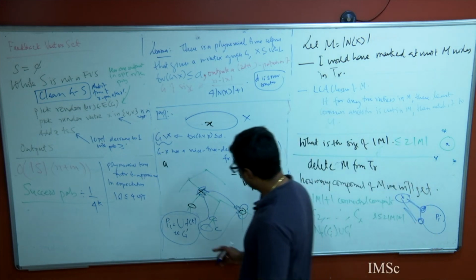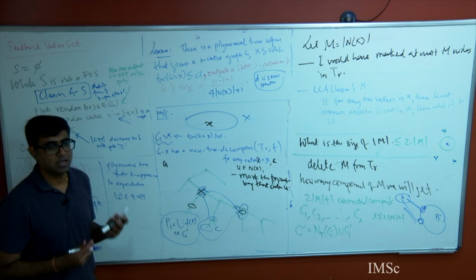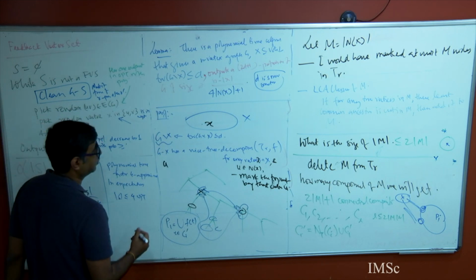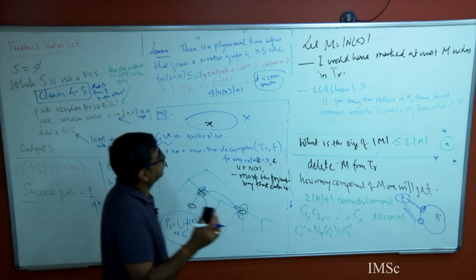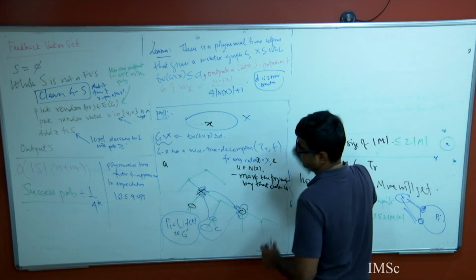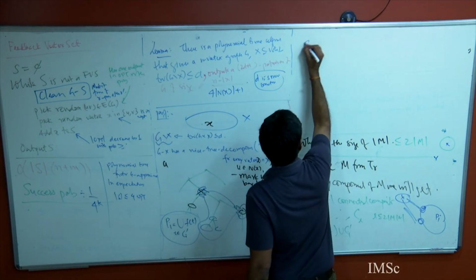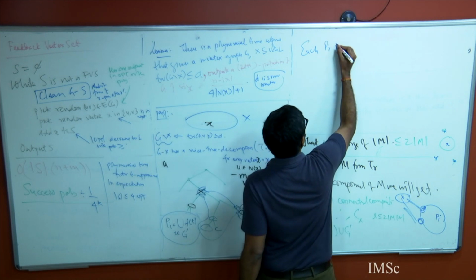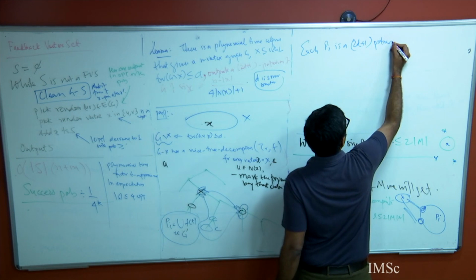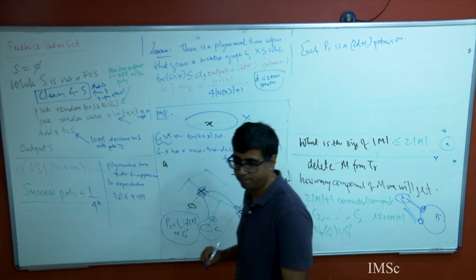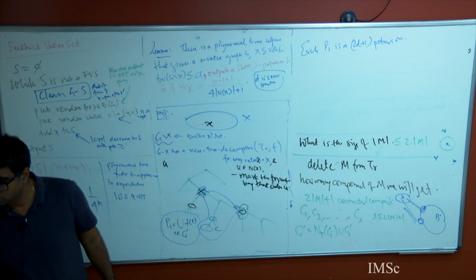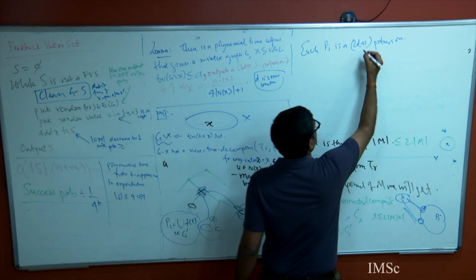So now, what is the property of each Pi? Each Pi is a 2D plus 1 protrusion. Okay. So what we have shown by doing this is that each Pi is a 2D plus 1 protrusion, or maybe a 2D plus 2 protrusion, yeah, it should be 2D plus 2, no?